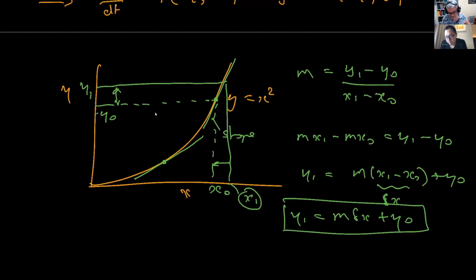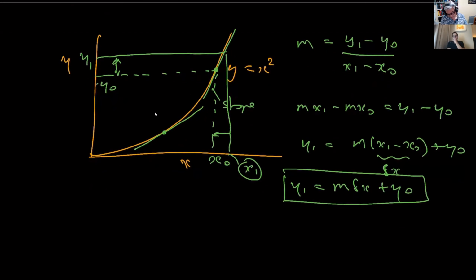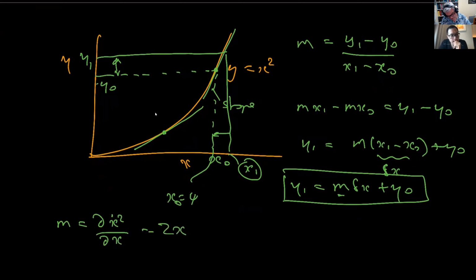I can make it specific to a point by evaluating m. Let's say we were at x0 equals 4. I know m is the slope, which is d(x squared)/dx, which is 2x. At x0 equals 4, m is 2 times 4, which is 8.